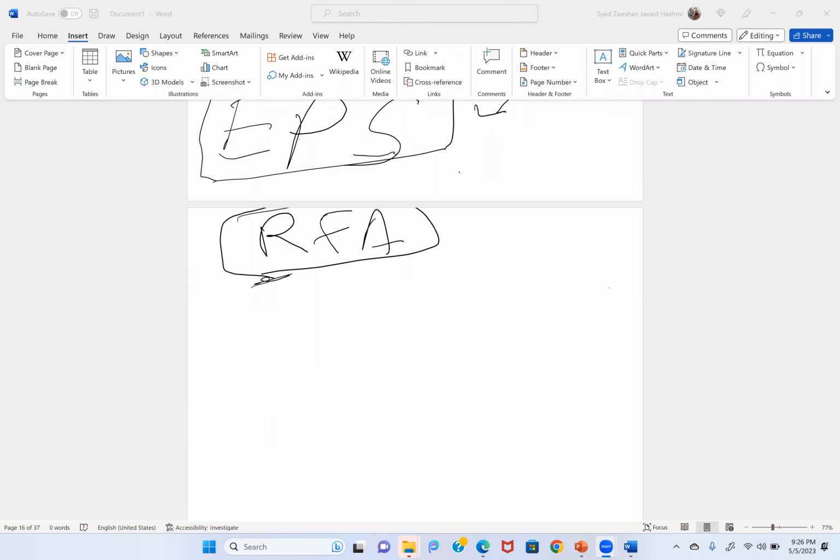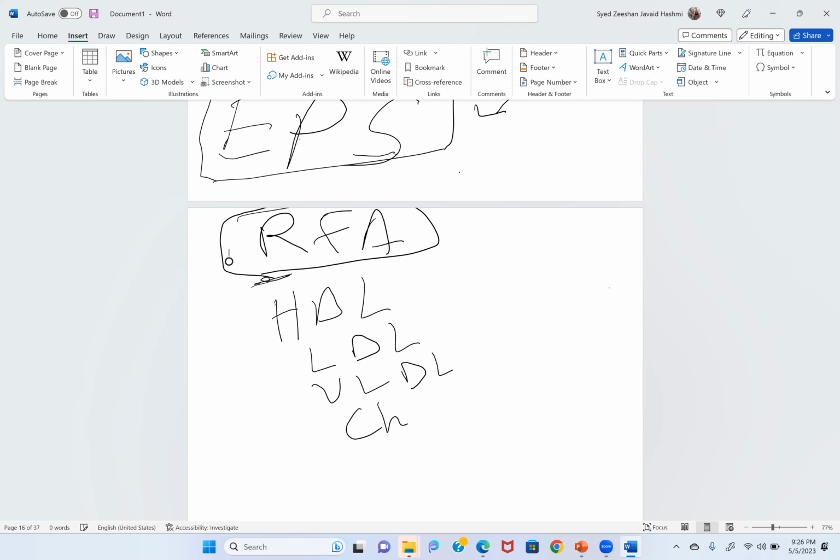So lipid profile: there is one good lipid which is HDL, and the rest of them are LDL, VLDL and cholesterol. And triglycerides. HDL should be higher and LDL should be low.